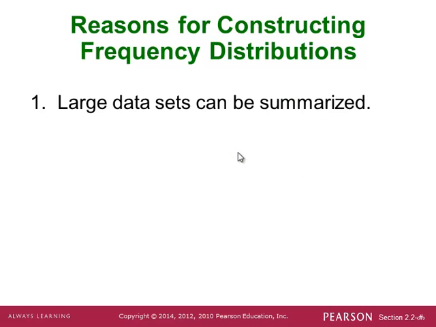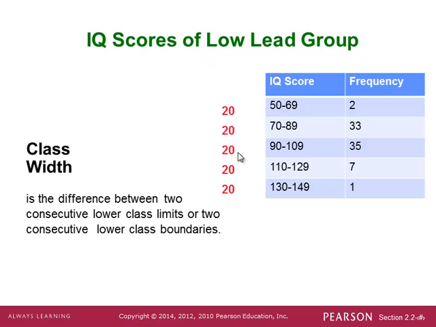So now that you see that frequency distribution chart, why would we do this? Why would we organize it? Well, they say that a picture is worth 1,000 words, right?